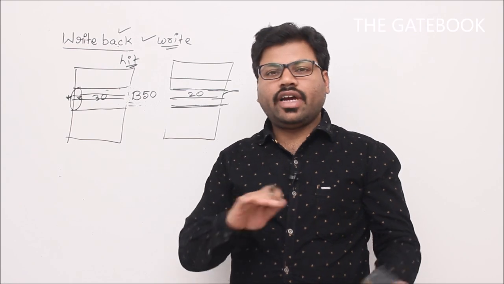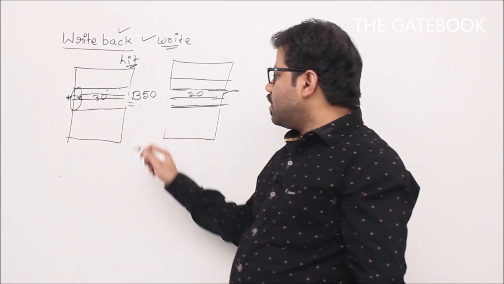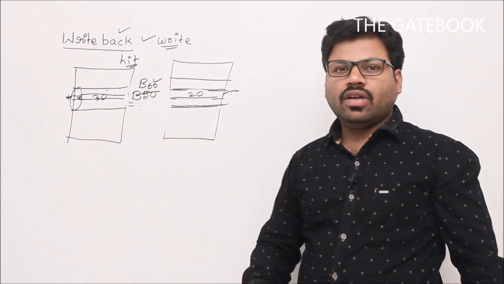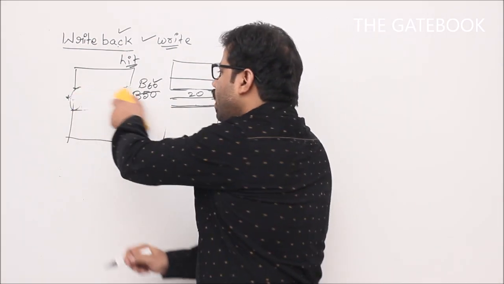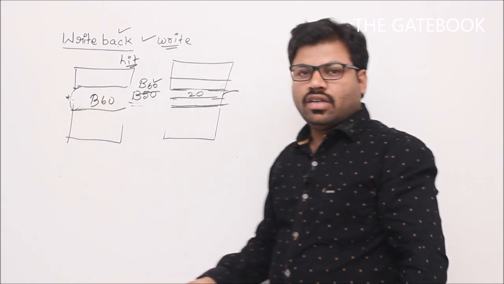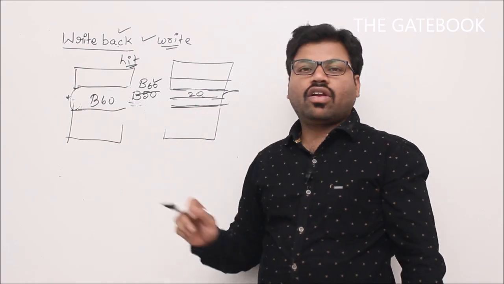Sometimes we have to replace it with another block, say B60. But if you simply erase B50 and keep block 60 here, the update will be gone, and it shows a wrong answer again.